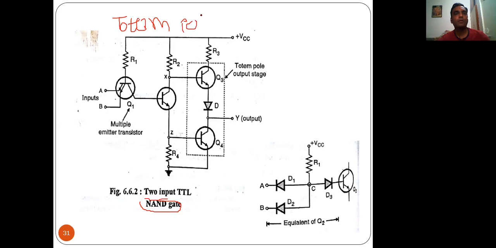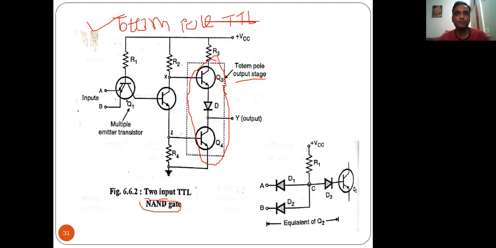Now you may be wondering, what is totem pole? This arrangement of two transistors with a diode in between is called the totem pole output stage. There are various arrangements in TTL, but we don't have to discuss that.